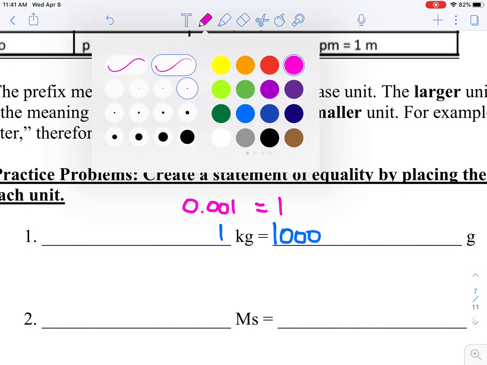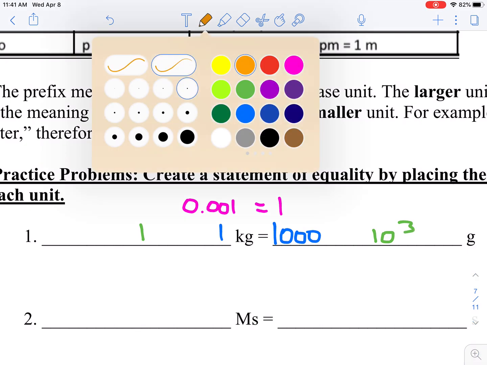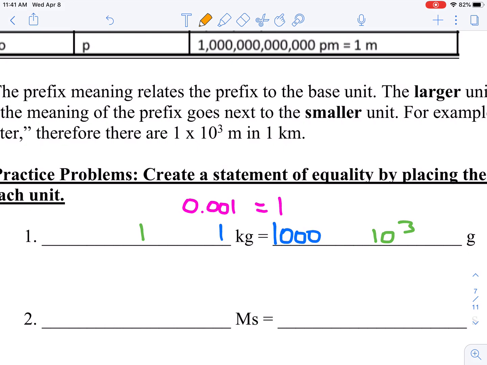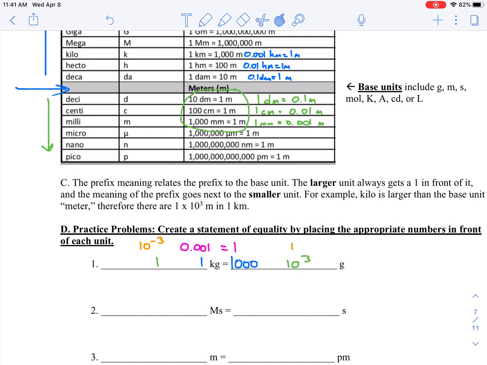So we could also say that 1 kilogram is 10 to the third grams, 1,000 grams, or 10 to the minus third kilograms, 1/1000th of a kilogram, is equal to 1 gram. So any of those methods work: orange, pink, green, blue. I will likely use either blue or green depending on the size of the value, but either one of those work.